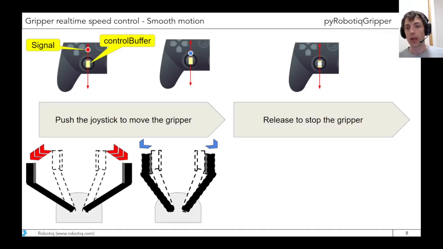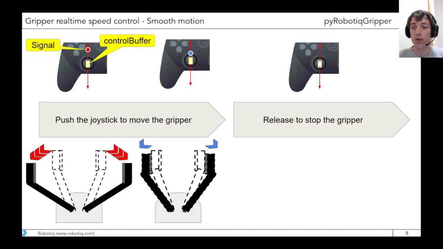And when the operator thinks that the gripper is at the position he wants, he will just release the joystick and the gripper will stay at the position. So the control flow will be like this. The operator just adjusts the speed of the gripper, like close fast or slow, open fast or slow. And when the gripper is at the position, he just releases the joystick.